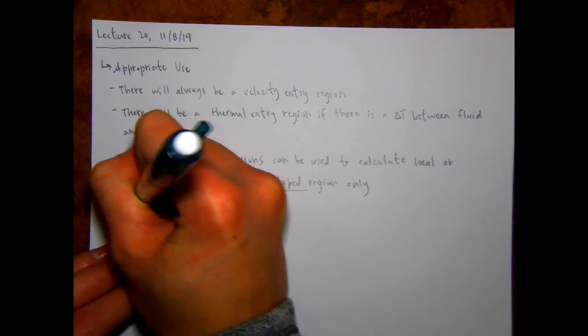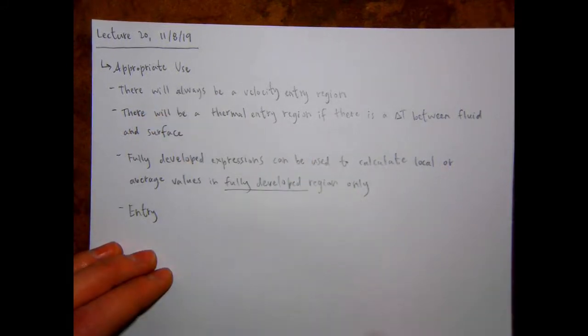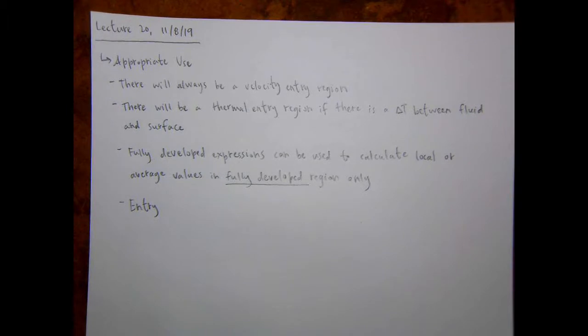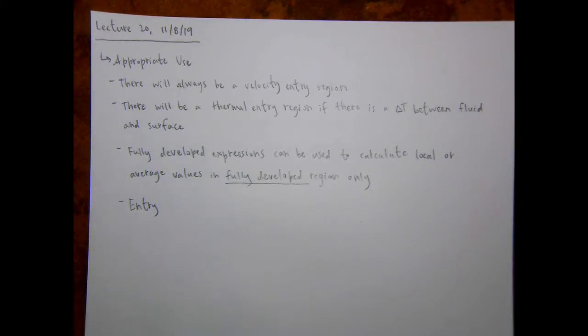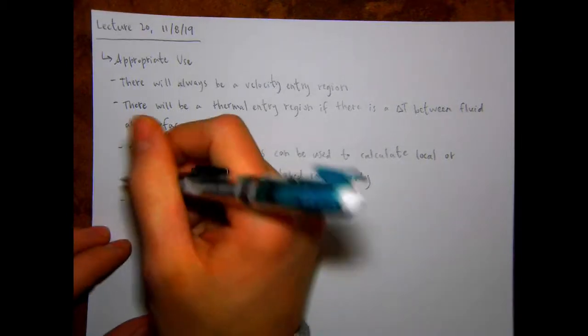And then the entry region expressions are used to calculate average values over a length of the pipe that includes the entry region and the fully developed region.